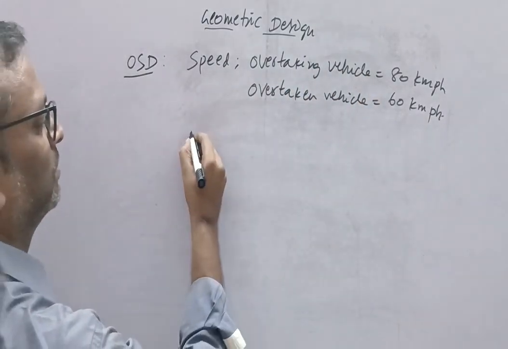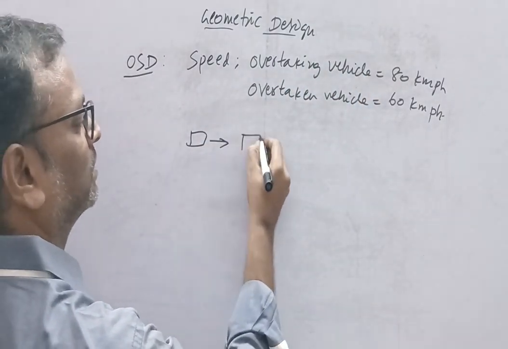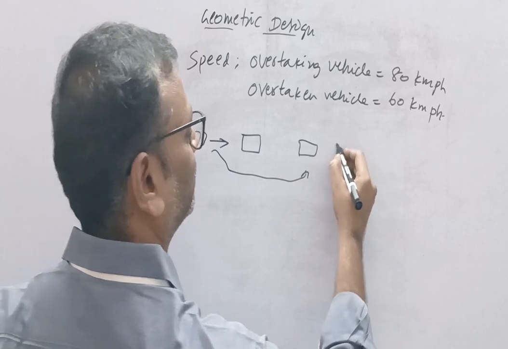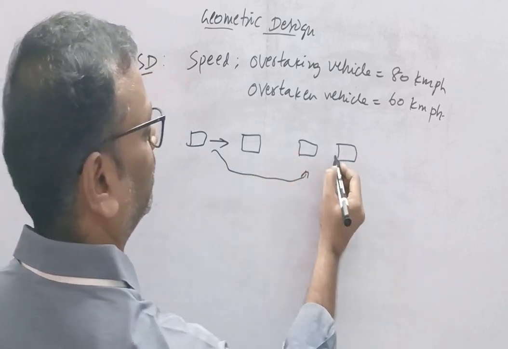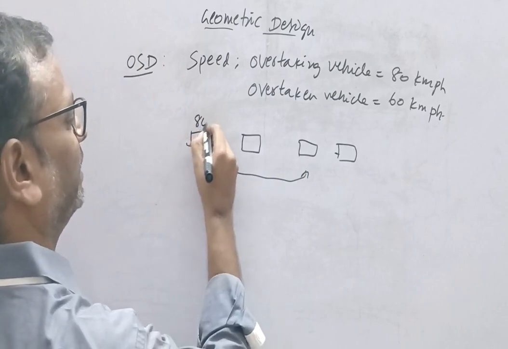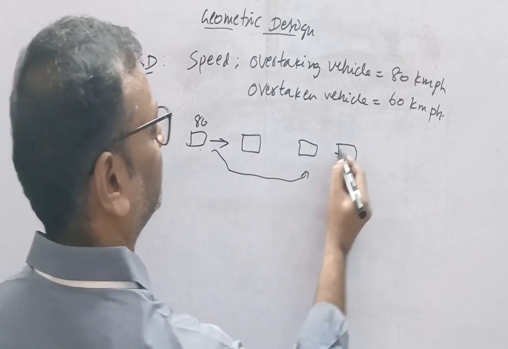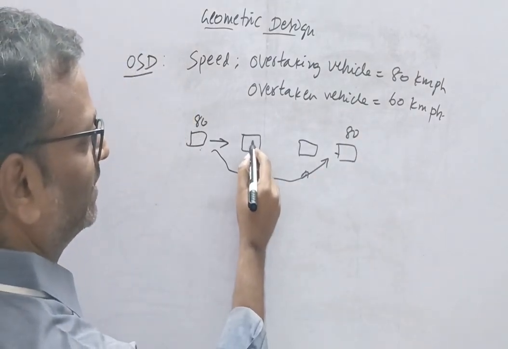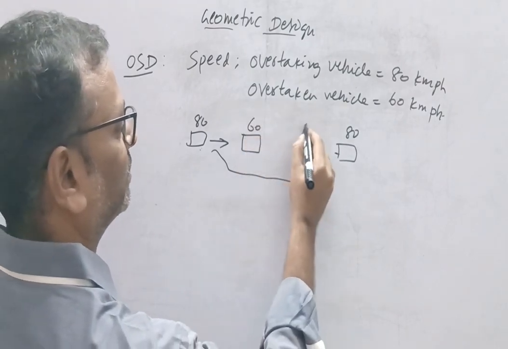The vehicle which overtakes another vehicle. This vehicle is here. So this is the overtaking vehicle. So 80, it overtakes. And this is the overtaken vehicle and this is 60.